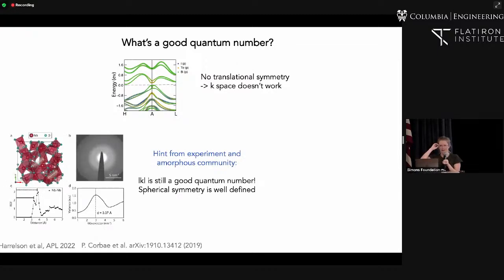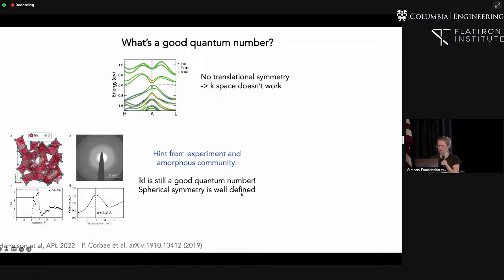The way you characterize an amorphous phase, as I said, is this radial distribution function. So you've got something to do with the local bonding environment that tells you how this phase is characterized. So while kx, ky, kz isn't a good quantum number, actually the spherical symmetry of the local bonding environment is a good quantum number, and that's exactly what we define.